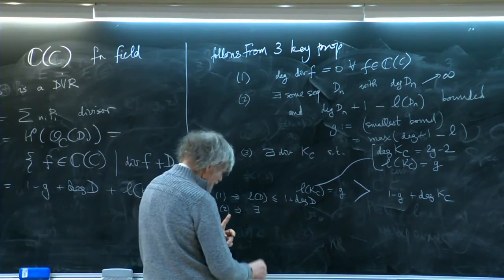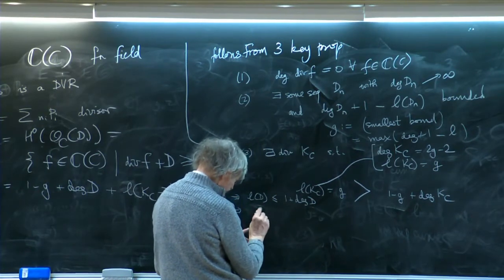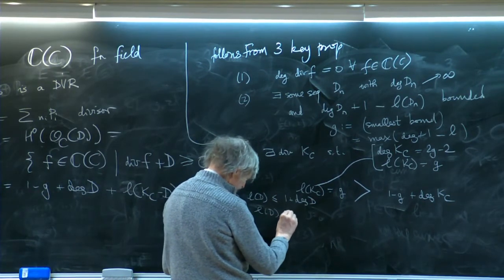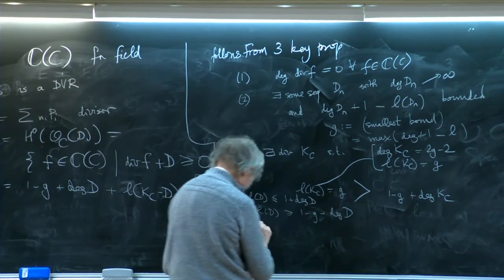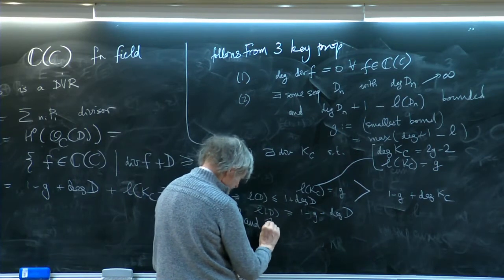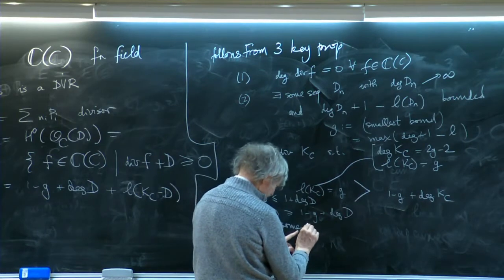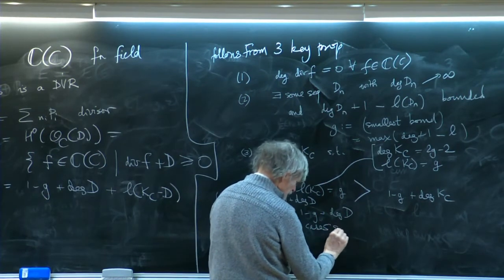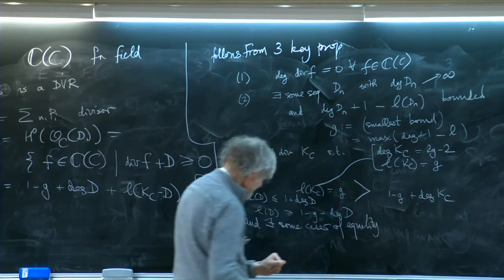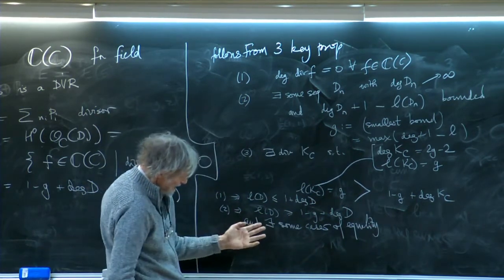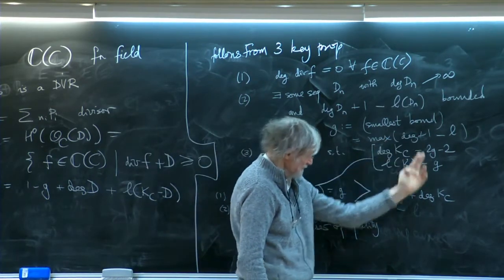Anyway, 2 implies that L(D) is greater than or equal to 1 minus g plus the degree of D, and there exist some cases of equality. Yes? And that's just the definition of minimum. It's the minimum bound, or the maximum of this degree.